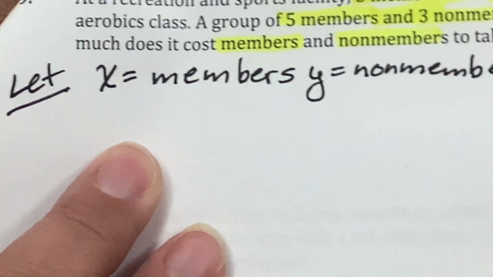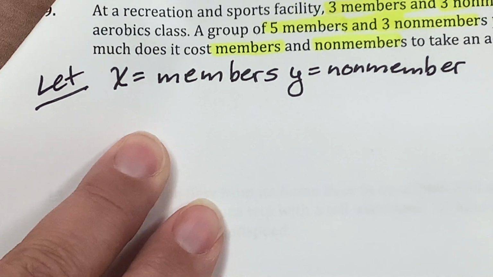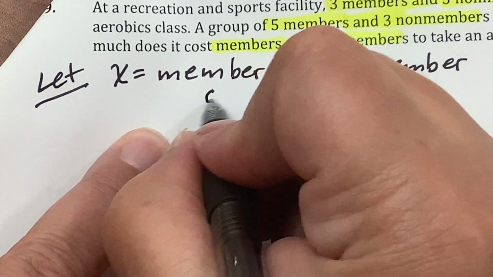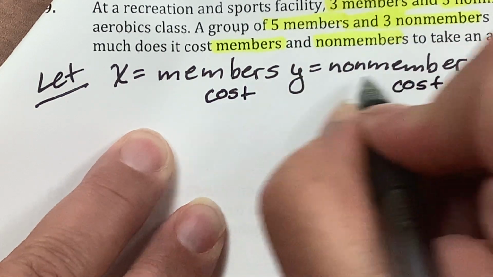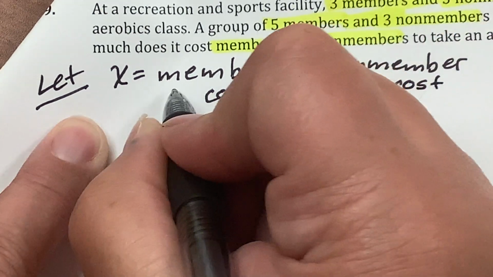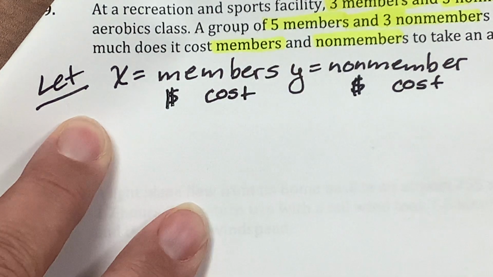And both of those are cost. So it's members cost and non-members cost. So I'm just going to write cost under here, and I'm also going to add a dollar sign because cost is dollars here.